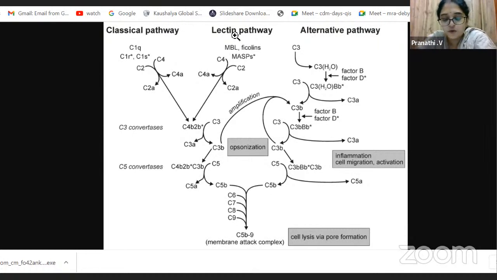You also have ficolins, which are also carbohydrate binding proteins. MBL is an acute phase protein produced during any kind of inflammatory reaction or response. Its function in the complement pathway is similar to that of C1q in the classical pathway.